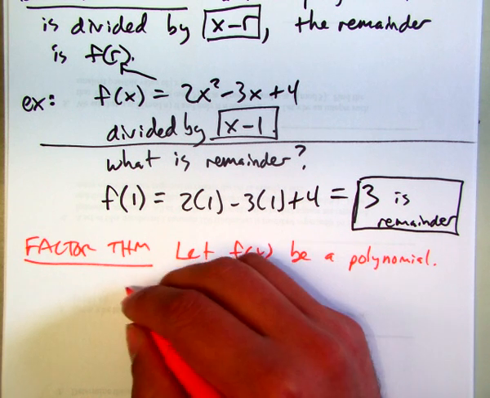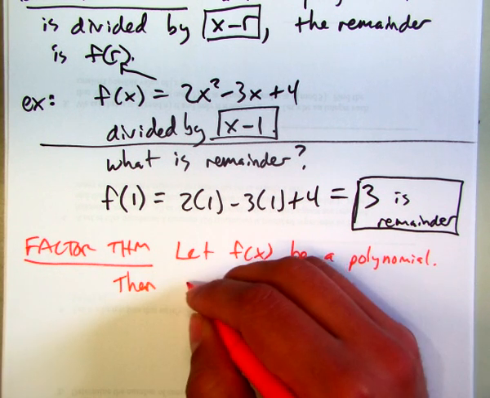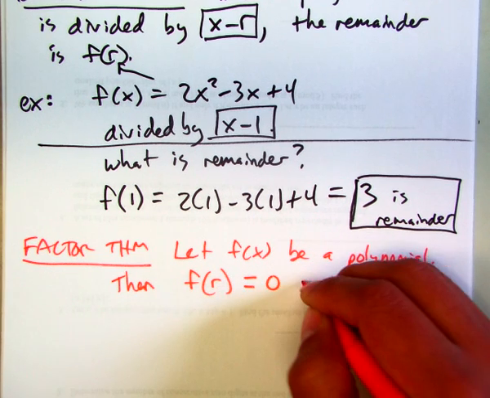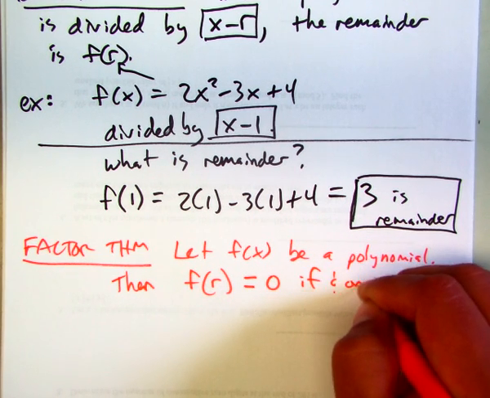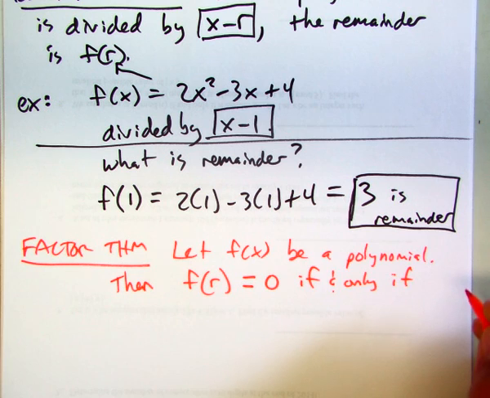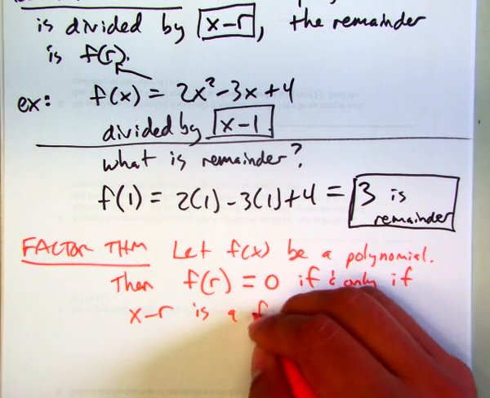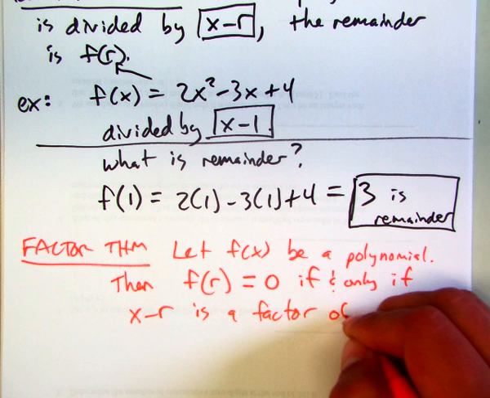Then f of r is going to equal 0 if and only if x minus r is a factor of f of x.